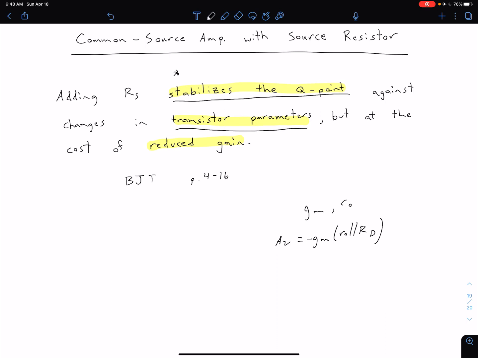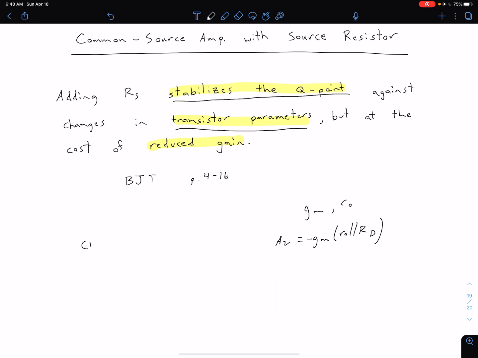The other explanation of what we mean by stabilizing our Q point, which I think is a little more applicable, is this: let's say you're designing some circuit, and we're not just going to make one circuit, but rather we're going to send this to production and make thousands and thousands of these circuits. Every transistor used in all of these circuits isn't going to have the exact same parameters.